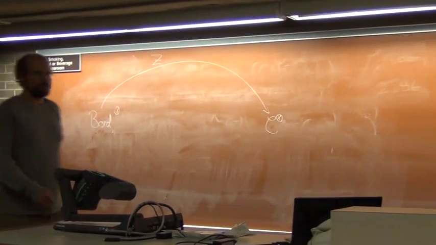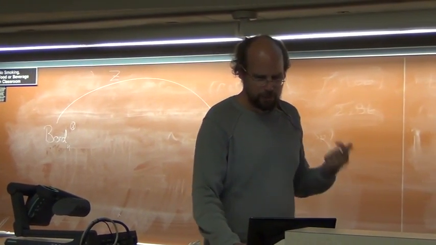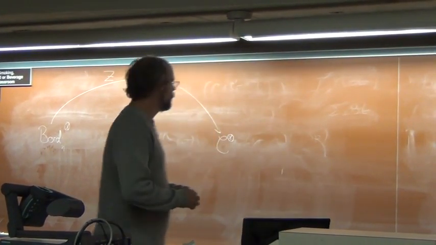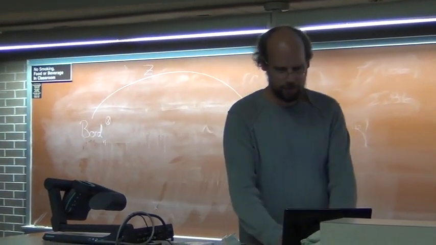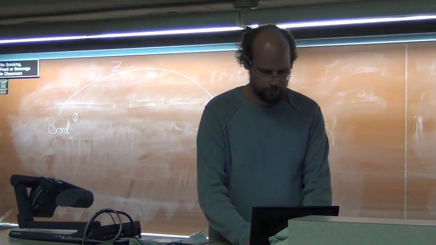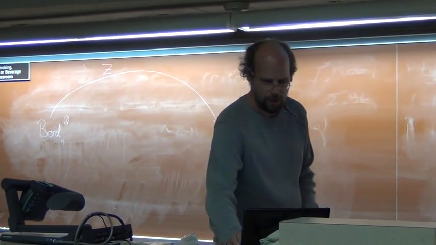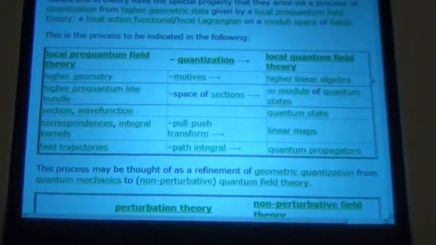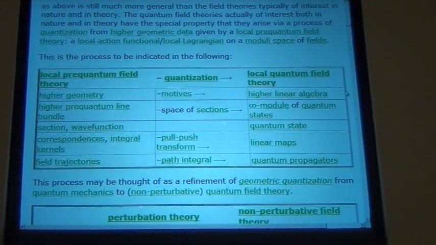What really happens with the theories that actually do occur in nature is they arise by a process of quantization, where in some form or other you want some geometric data. You want to start with some geometric data, which you want to call the prequantum field theory, often called the classical field theory, which is a bit of a misnomer.